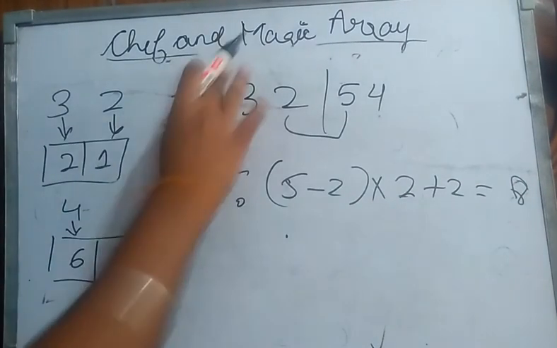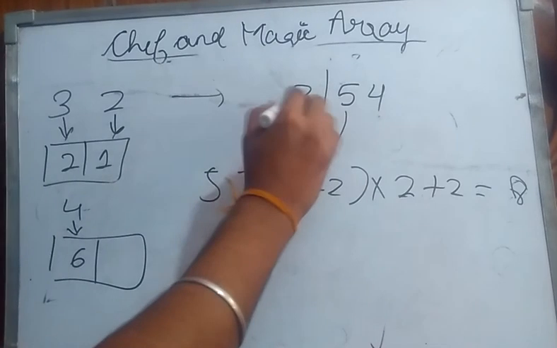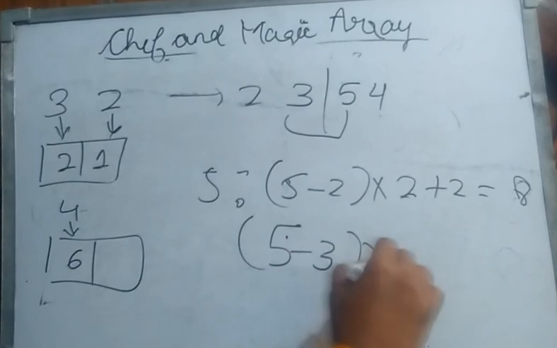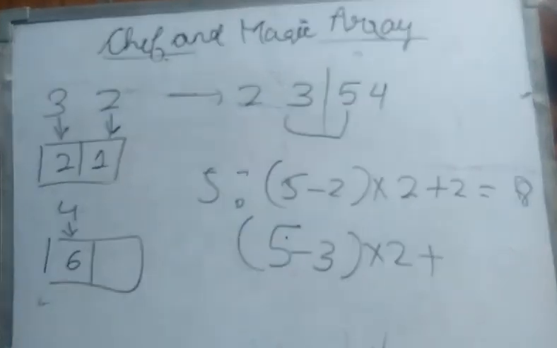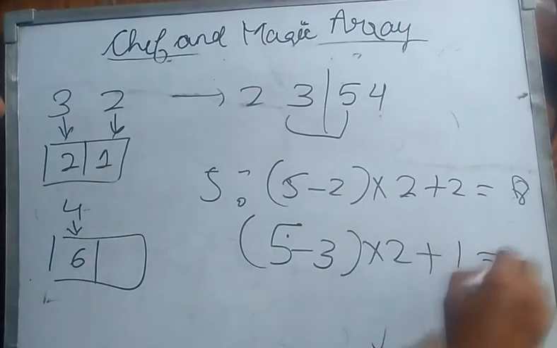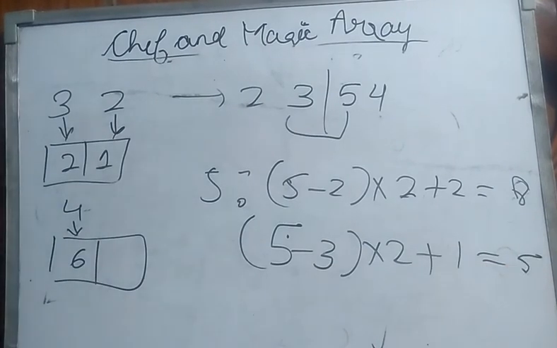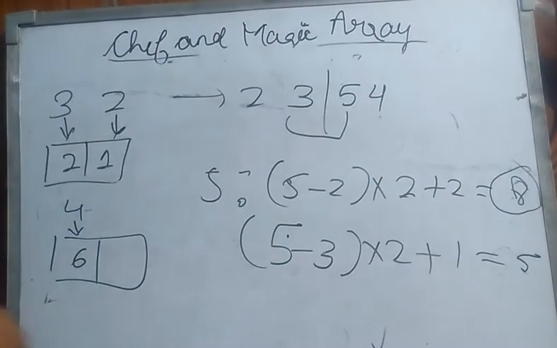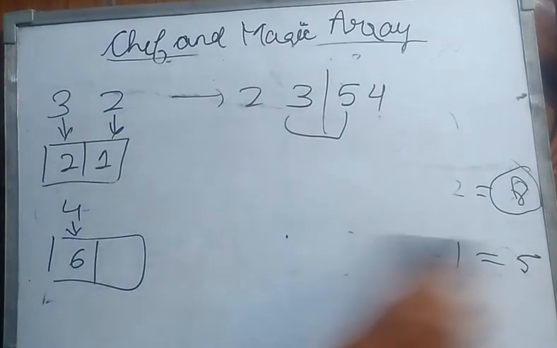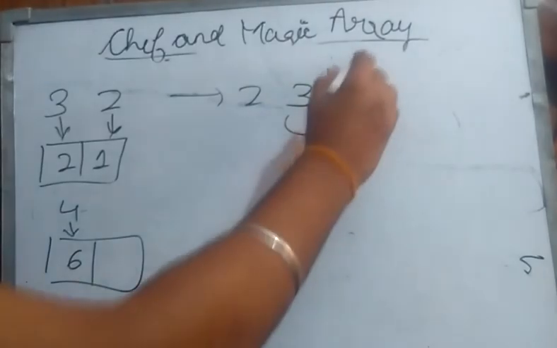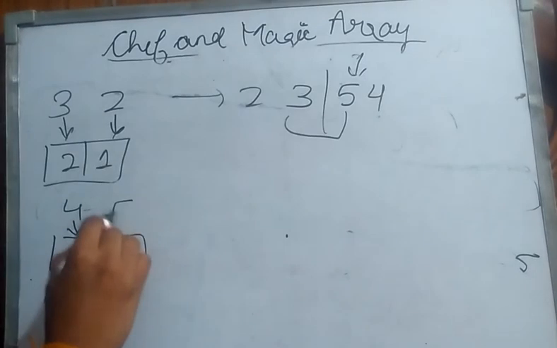And similarly, if 3 was on the right and 2 was on the left, what value would I have got? 5 minus 3 into 2 plus the value from the leftmost dish, that is 1. Okay. So the maximum value I am getting from here is 8. I will also store it. So what do I know here? The maximum value with 5 on the left in this dish is 8. I will also store it.